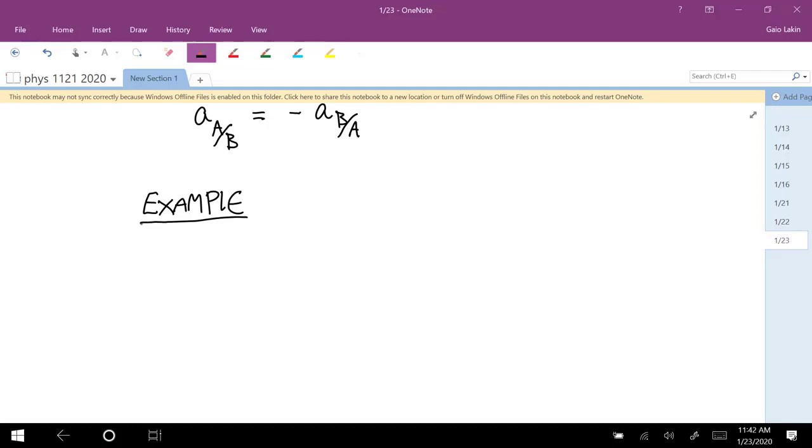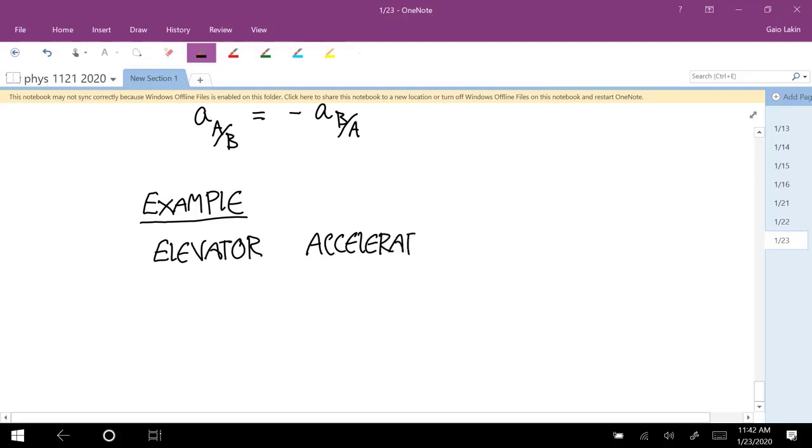Okay, so let's say that an elevator is accelerating up when a passenger drops his keys.